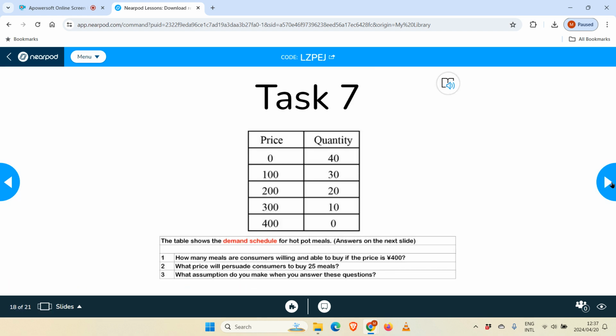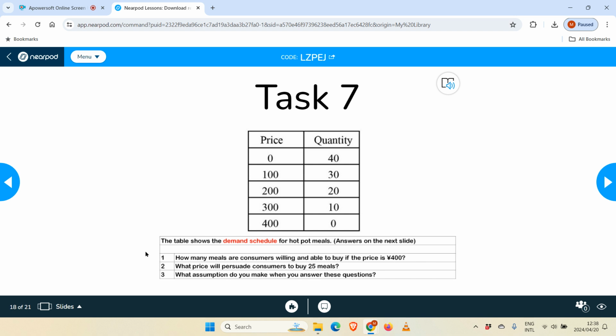Here we come to our last activity, where we're looking at a demand schedule. A demand schedule is a table that shows pricing and quantity at each individual price, in this case for hot pot meals.